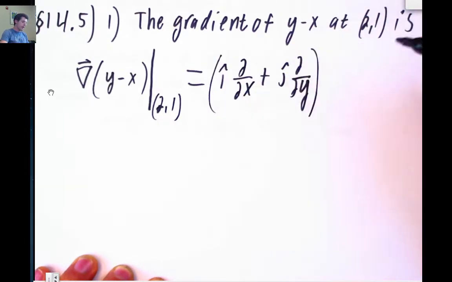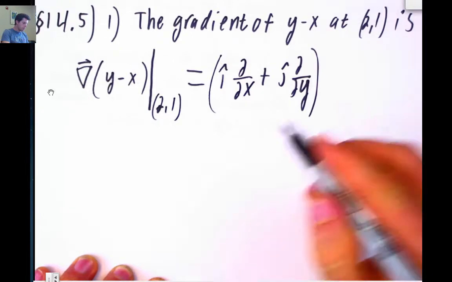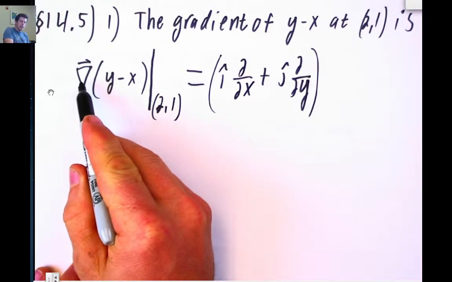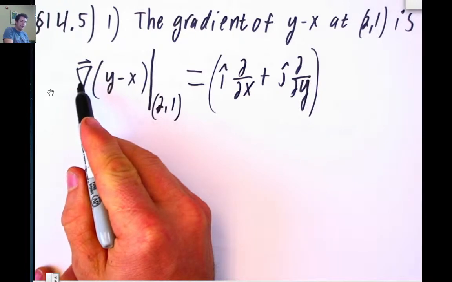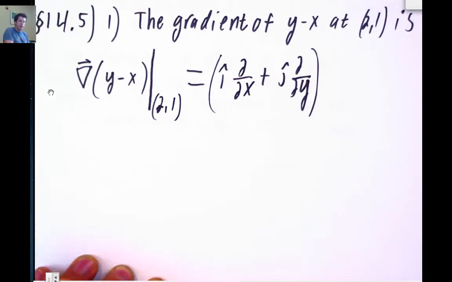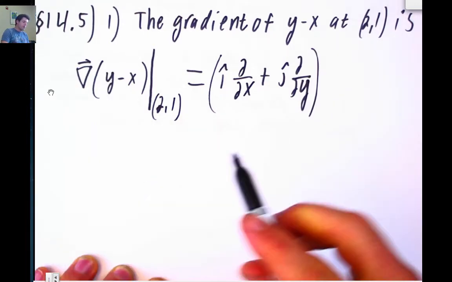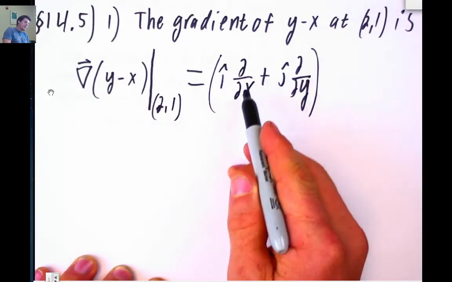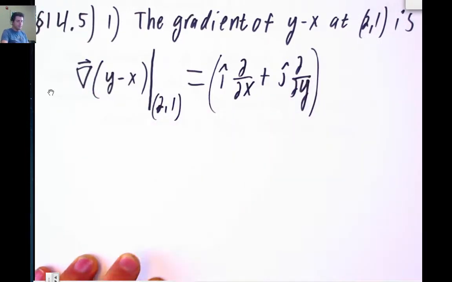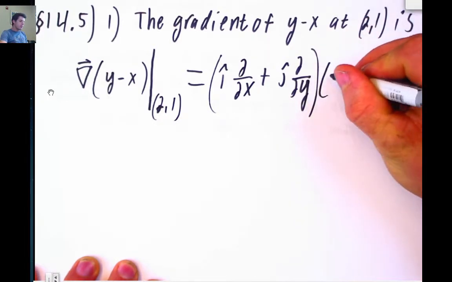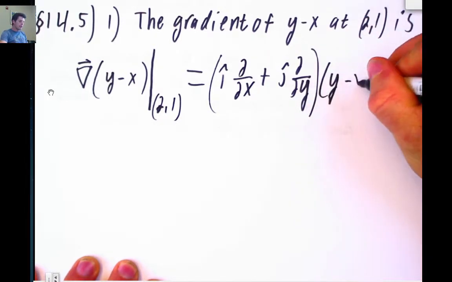That's just one way of writing nabla. Oh, I'm sorry, this symbol right here is nabla. Some people call it del. Its real name is nabla. I got a thing for the truth. Anyway, the gradient symbol is shorthand for i d/dx plus j d/dy, and it's going to be acting on y minus x.